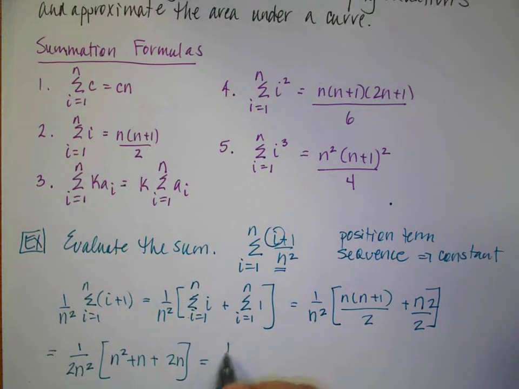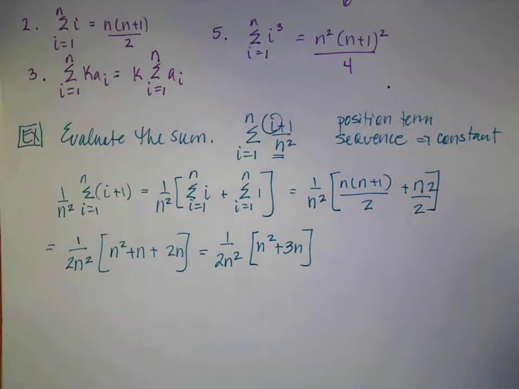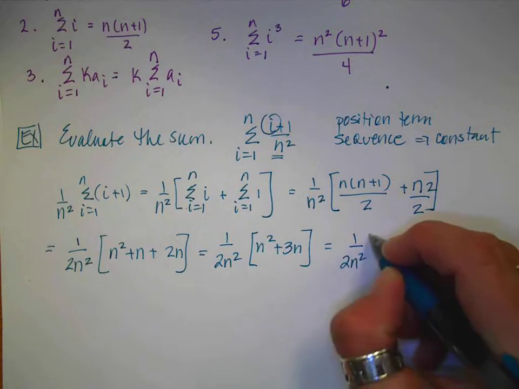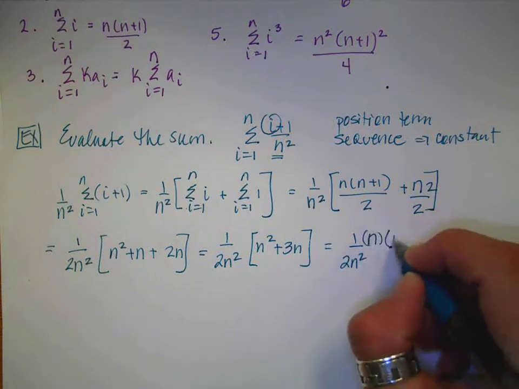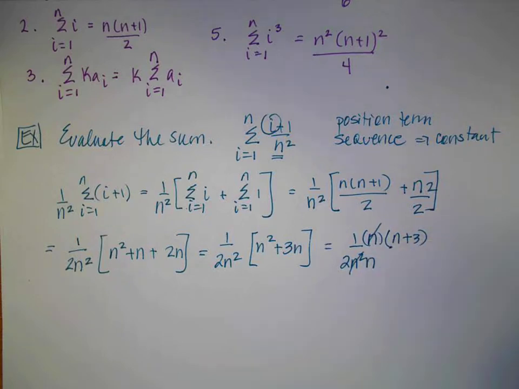And then if I simplify this, here's the 1 over 2n squared. And then I have n squared plus 3n. Okay, I can reduce that by factoring out an n. So this is 1 over 2n squared. I'm going to factor out an n, and I'm going to get n plus 3. That n cancels and leaves an n in the denominator.